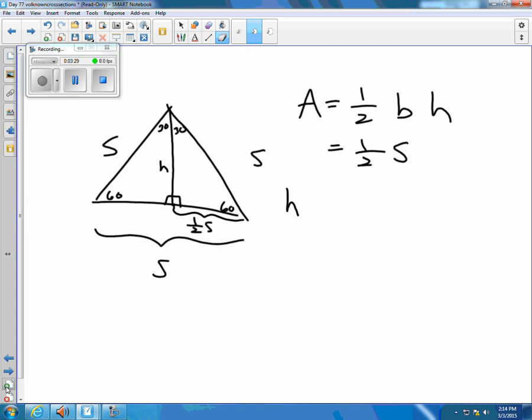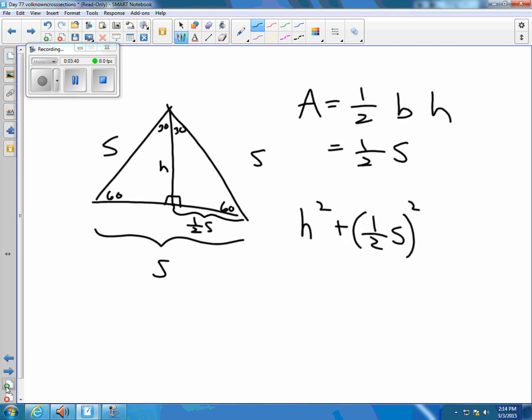So to solve for the height, let's use the Pythagorean theorem. We have leg squared plus leg squared equals hypotenuse squared. And again, we want to solve for h. So maybe we'll square the 1/2 s out first. So that would be 1/4 s squared.